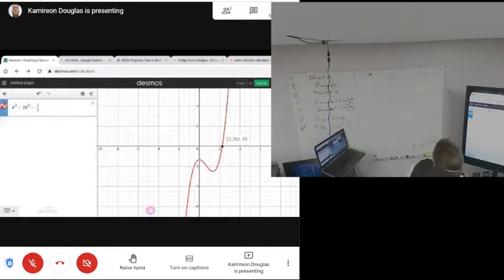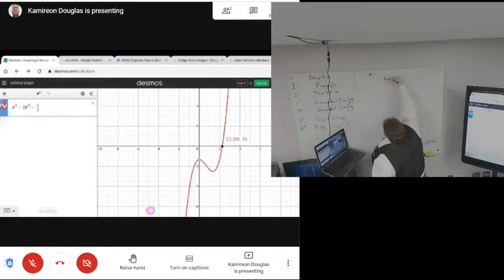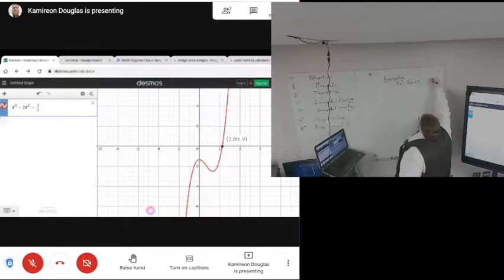All right, let's do another one. We'll finish the class with this one. Okay, we're going to determine the average value, both the y value and the x value, of the following equation: 3x squared minus 5x plus 4 evaluated from 2 to 5.